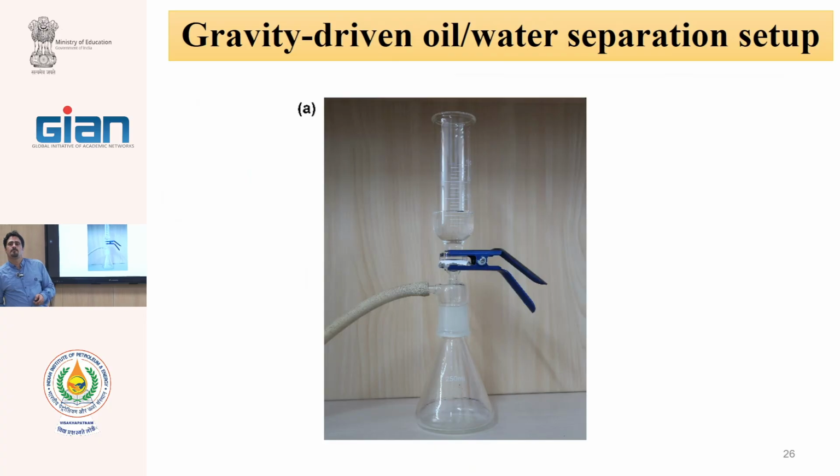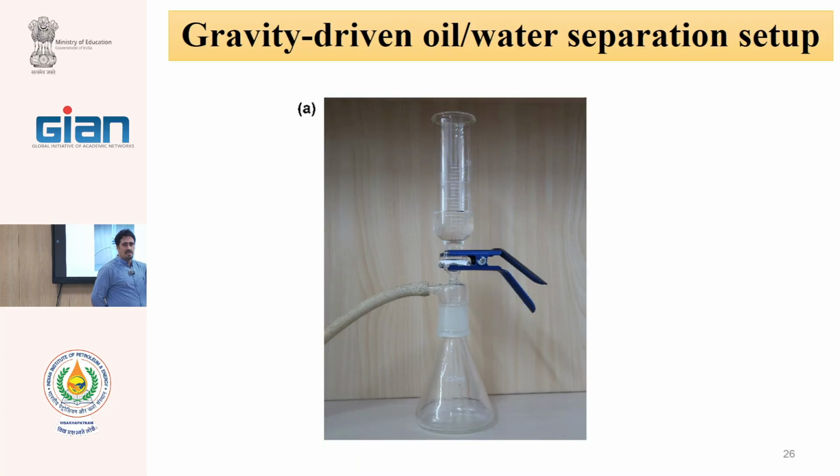For MF membranes, for separation of oil and water, usually the best membrane is a gravity-driven membrane. That means in this scale, we have no pump. Only with low pressure.